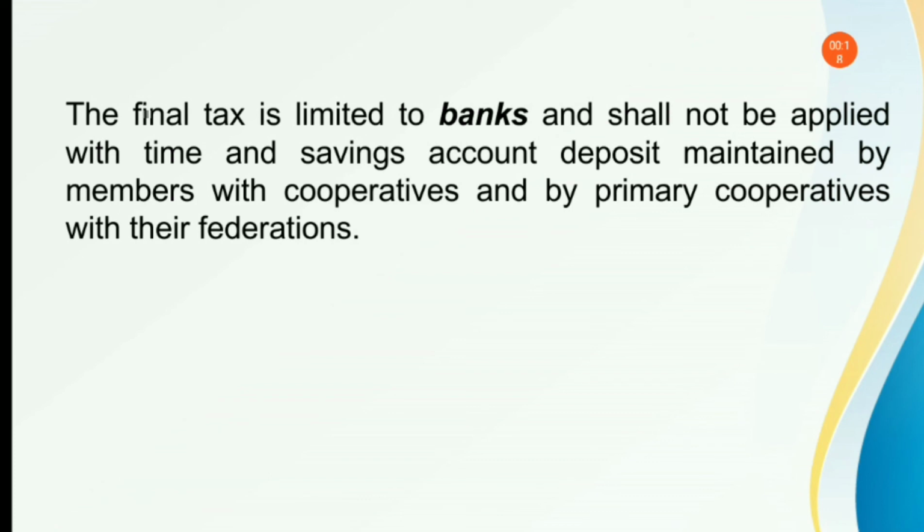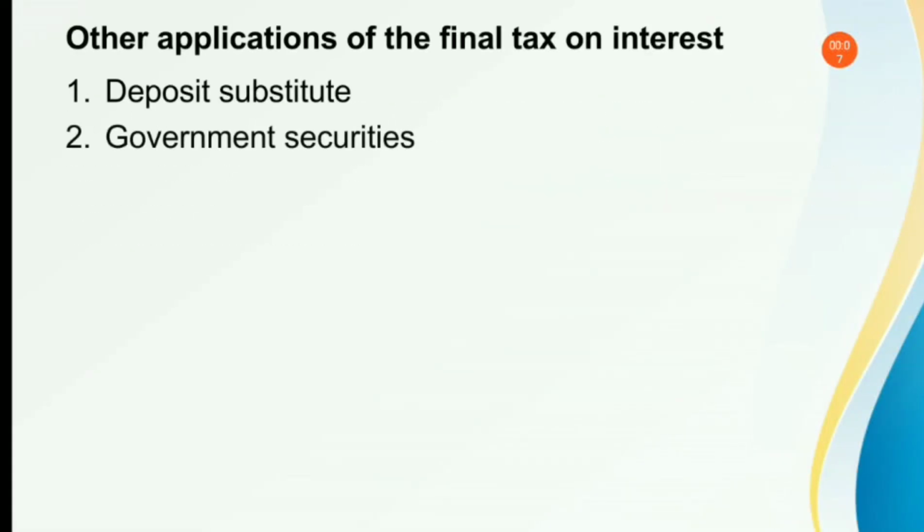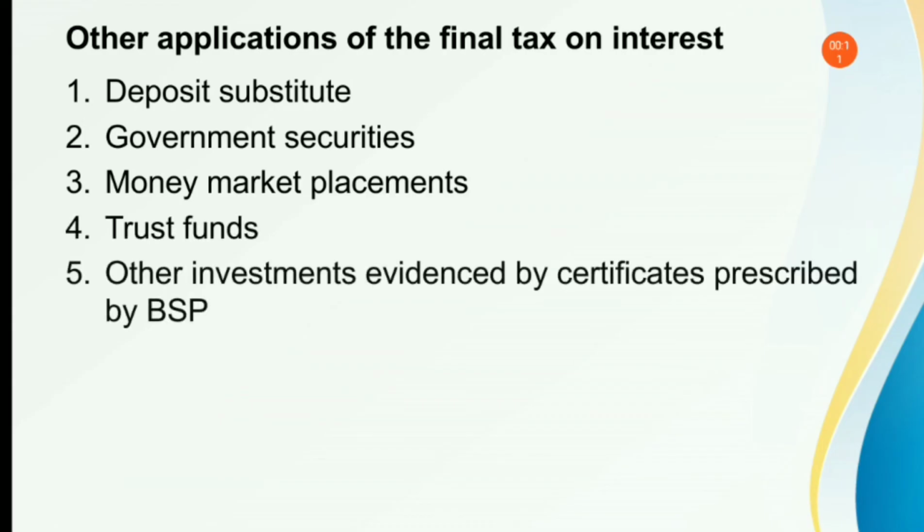So, yung final tax daw is only applicable for banks, hindi siya applicable sa savings account deposits ng mga cooperative members. However, the final tax on interest is applicable in the following: deposit substitute, government securities, money market placements, trust funds, and other investments evidenced by certificates prescribed by BSP.